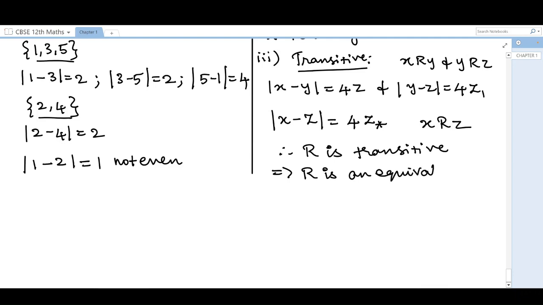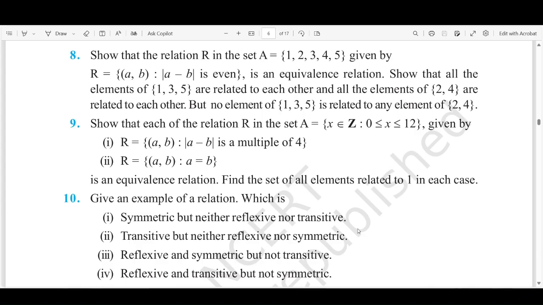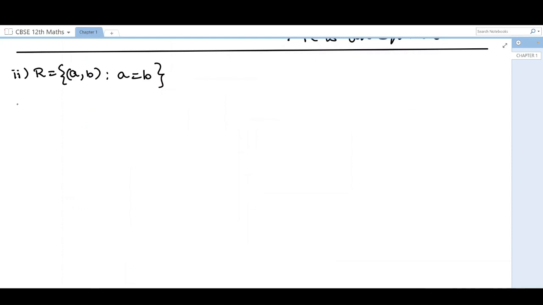The second relation given is R equal to the set of all ordered pairs (a, b) such that a equal to b. So let us verify the first property. If you take an element, say a, from the set A, then a is equal to a implies a is related to a.